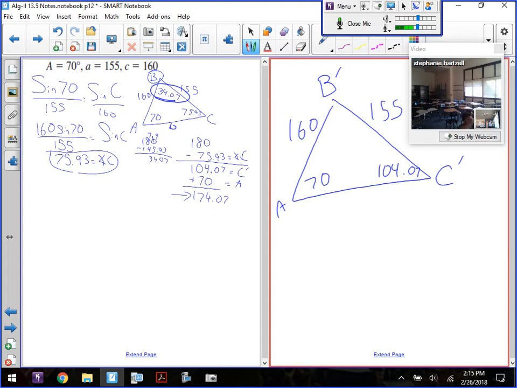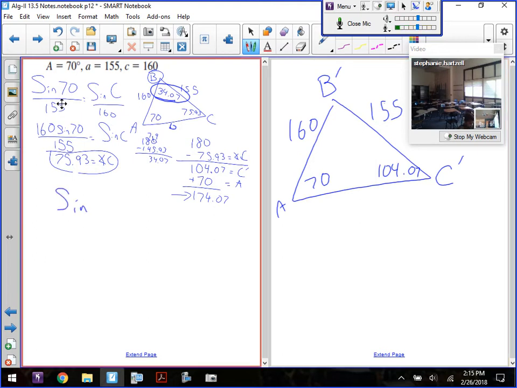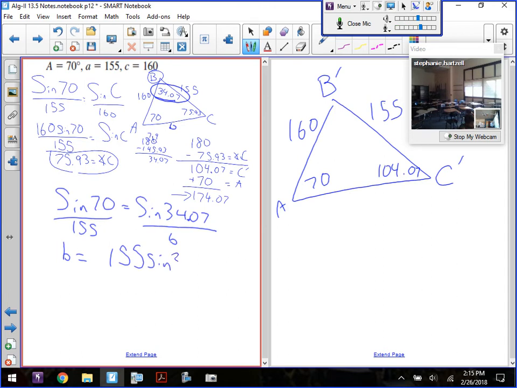So you go back here, and we have our sine of 70 is to 155 as the sine of 34.07 is to little b. Sorry about the fives and the sine. I didn't realize it was going to look that bad.